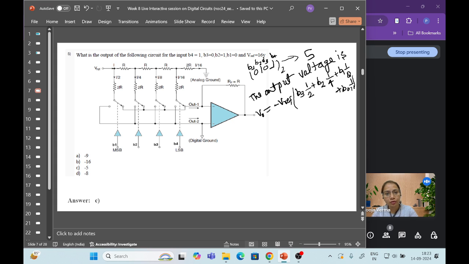But here it is given only B1, B2, B3, B4, not B0.